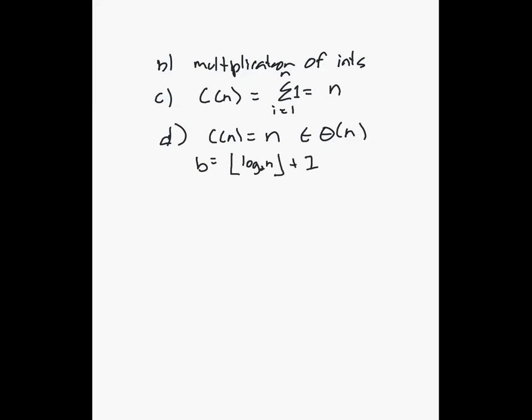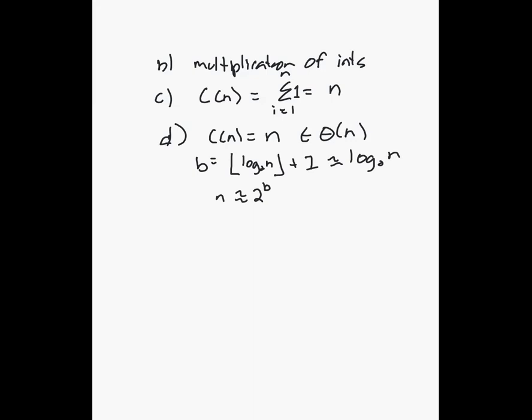So that's how we get how many binary bits we have. We're going to approximate that to be log 2 of n, which means n is approximately 2 to the b, just by the definition of what logarithms do.